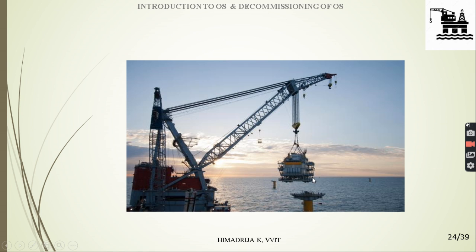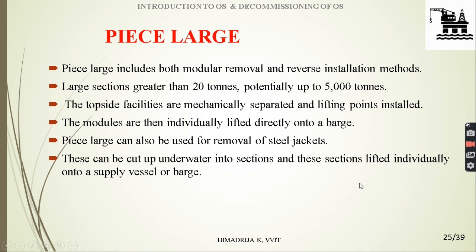Here you can see these platforms are not much affected by the ocean environment, such that they can be used for further installation on any other offshore structure, or on land for other purposes. So all these small areas or small weights taken in small pieces are called small piece, and the large piece is where the weight is greater than 20 tons, with a potential of 5,000 tons.